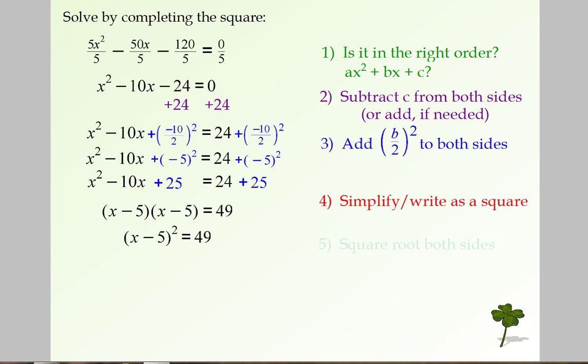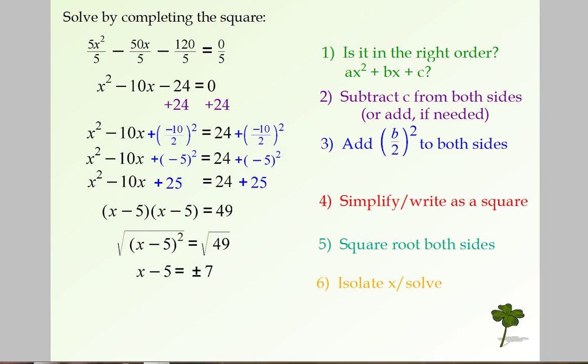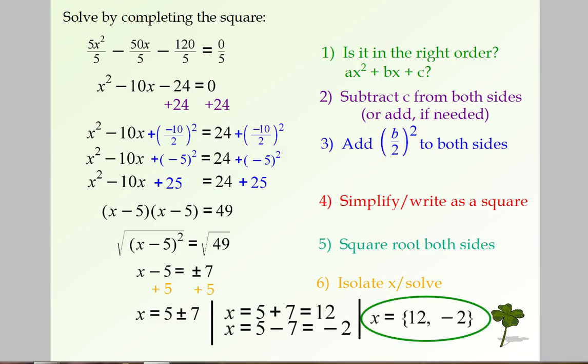Square root both sides. Remember to use the positive and negative root. Isolate x. And solve. My solutions, or my roots, are 12 and -2.